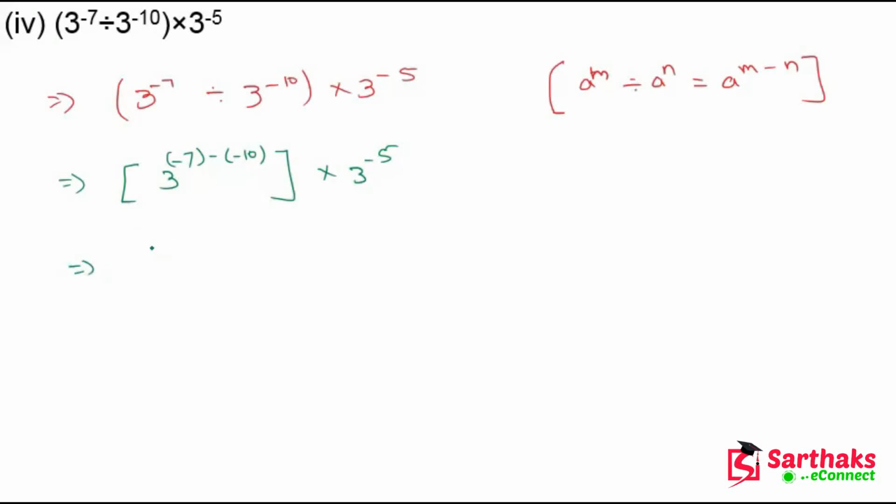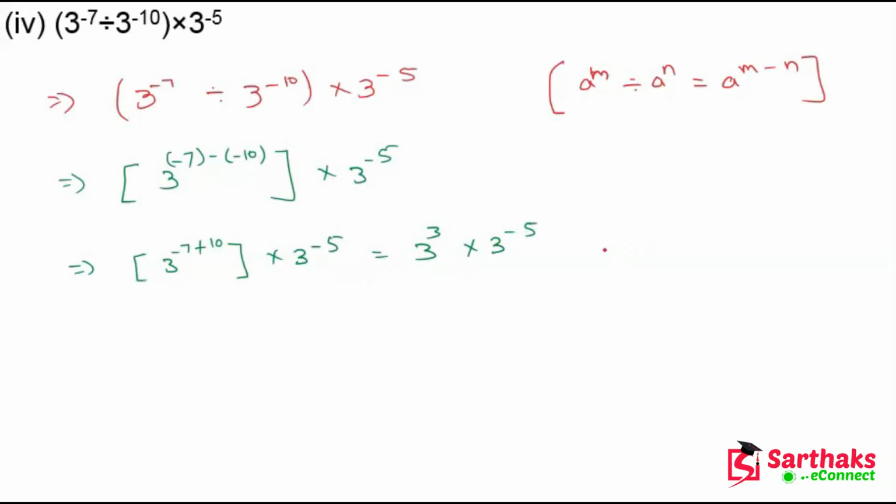So this will become 3 raised to power minus 7 minus minus, which is plus 10, into 3 raised to power minus 5. So we can write 3 raised to power minus 7 plus 10 is 3, into 3 raised to power minus 5.